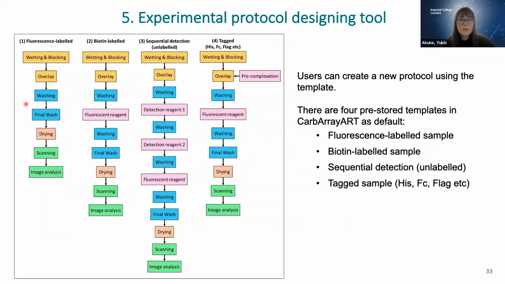One is fluorescence labeled sample, biotin labeled samples, sequence detection, and tagged samples. You can start from here. You can modify the protocols. If the procedure is exactly the same, of course, you don't need to change.